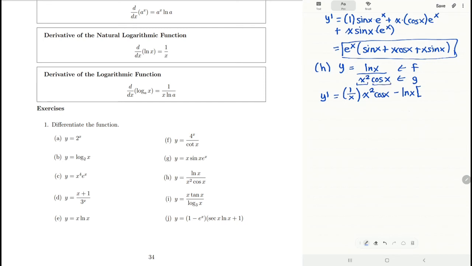cos of x. So we differentiate x squared, which is 2x, then we multiply it by the cosine of x, and then we add it to x squared times the derivative of cos, which is negative sine.